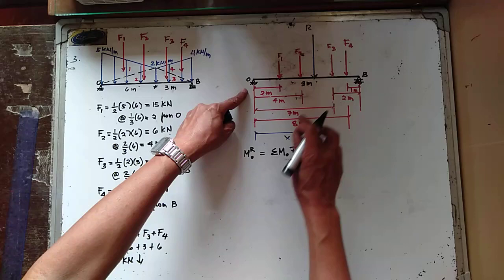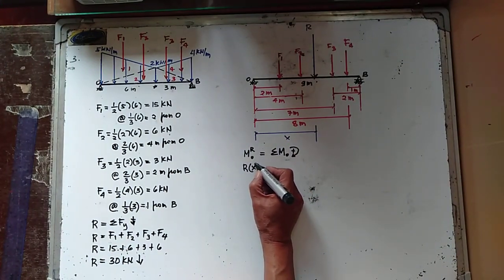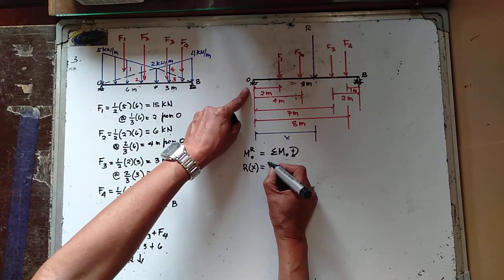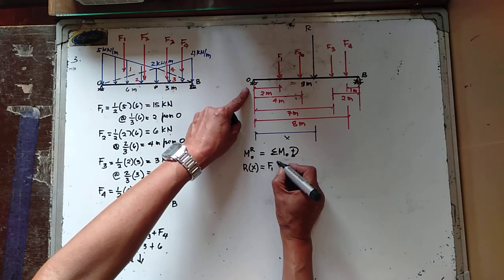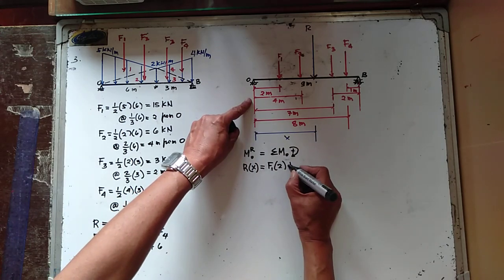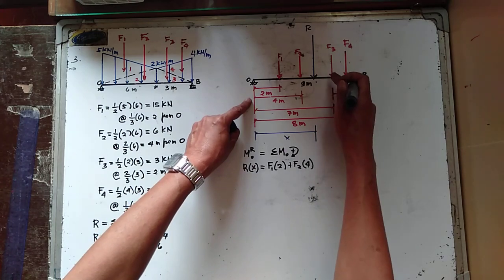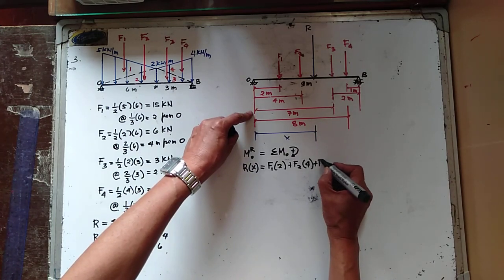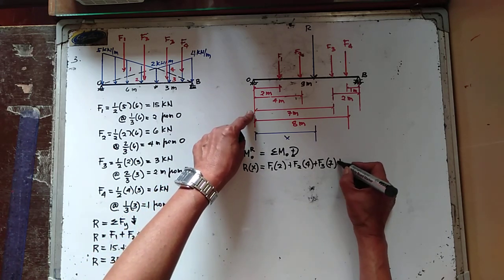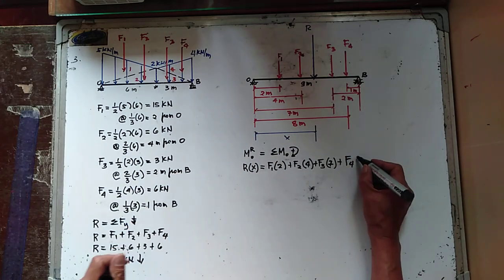So your R is going clockwise about point O. So R multiply by X equals F1 clockwise, F1 multiply by 2, plus F2 multiply by 4, plus F3 multiply by 7, plus F4 multiply by 8.